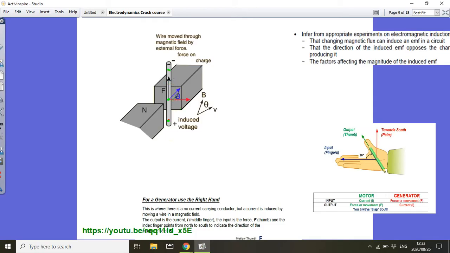So I'm going to just write over these. We are going to move the wire in this direction. But now what's going to happen is this little electron here is going to experience a force. And we call that force an electromotive force. And you've seen this before. The EMF is also called a potential difference or voltage.